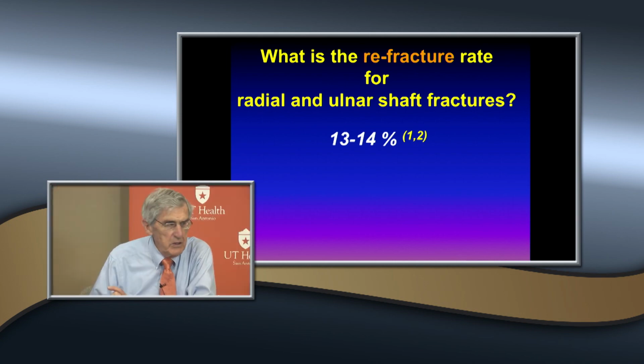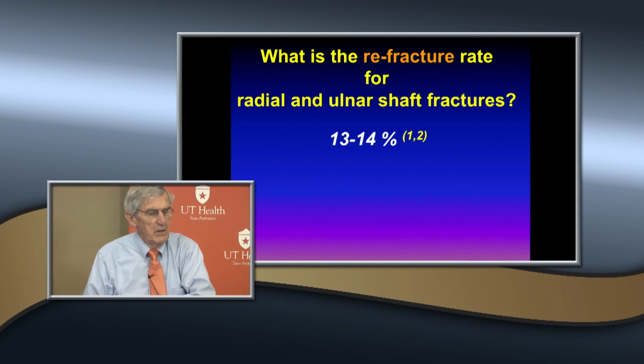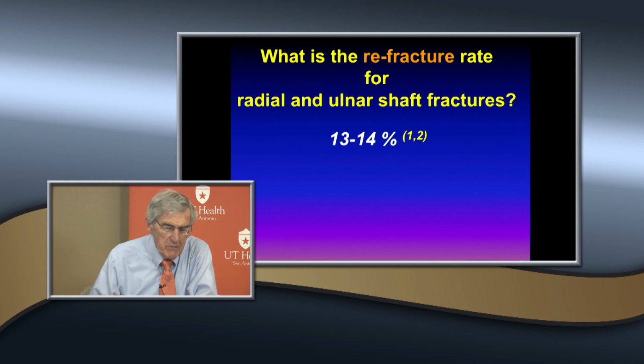And you need to warn the patients ahead of time that when you take the cast off, even though the fracture looks healed, they're going to have to somewhat limit their activity or maybe protect themselves with some type of removable brace until they get their full motion back and full muscle strength back, because about 10% of these will refracture.